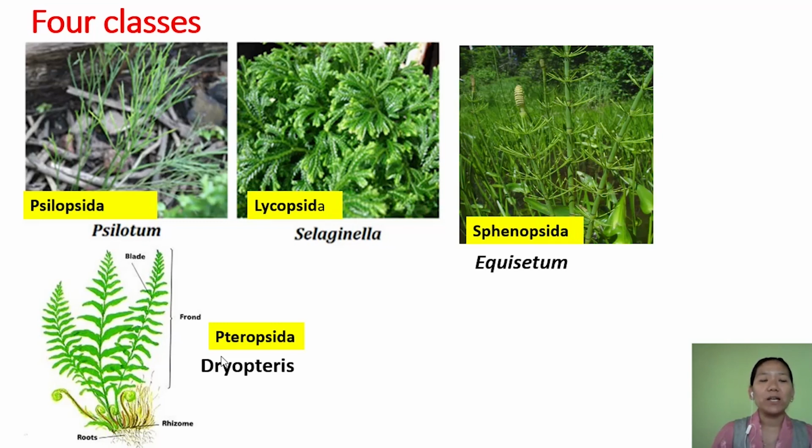Now we can see that there is evolution of these plant groups from aquatic habitat towards the terrestrial habitat, and from the dominant gametophytic plant body towards the independent sporophytic plant body, and then from the spore producing body, where there is a precursor of seed habit, towards the seed producing body. Thank you. The remaining two divisions, gymnosperms and angiosperms, will be discussed in the next session.